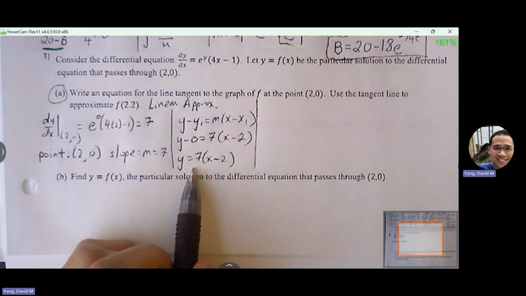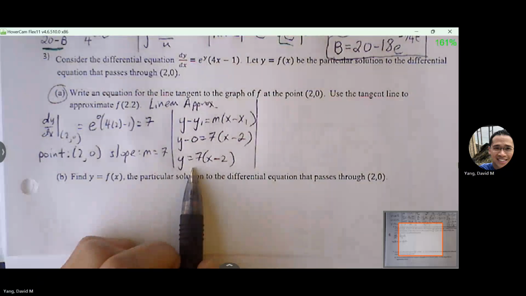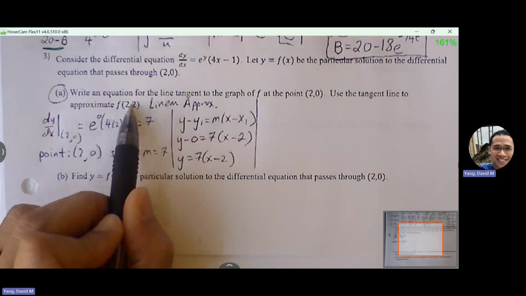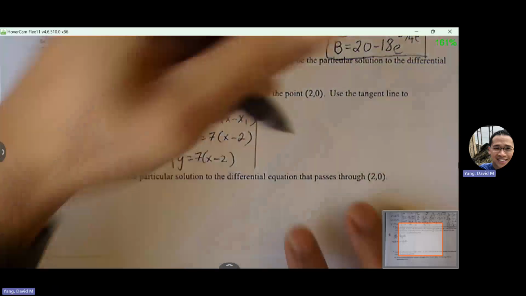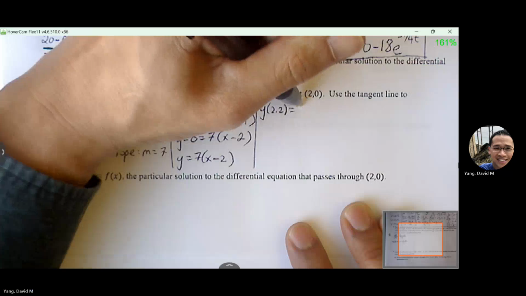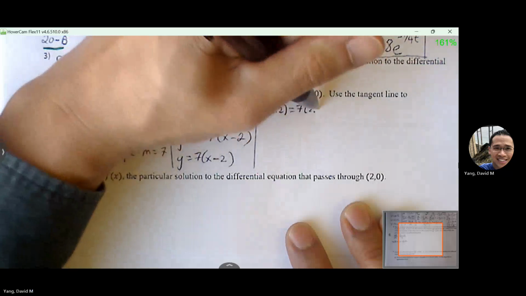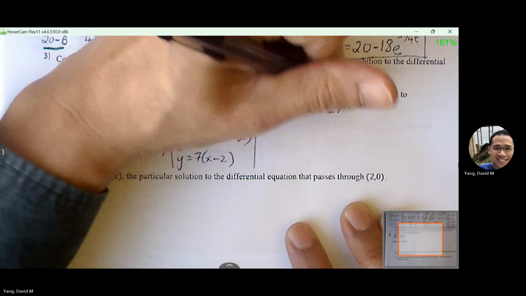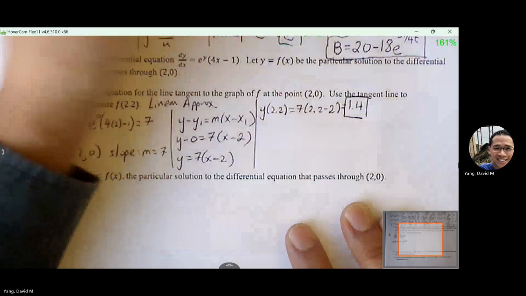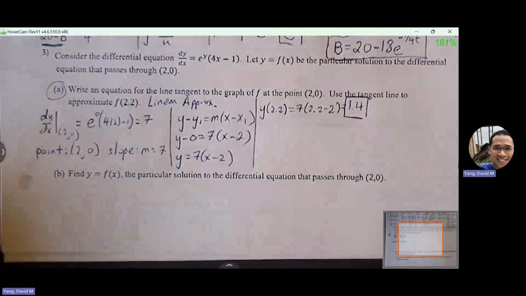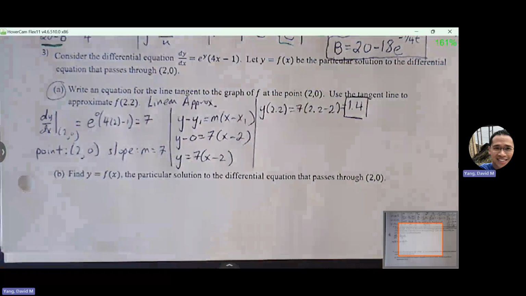Okay, so once I have my tangent line equation, I can plug that 2.2 in to get my approximation. Okay, so part A is just review from previous units, linear approximation.